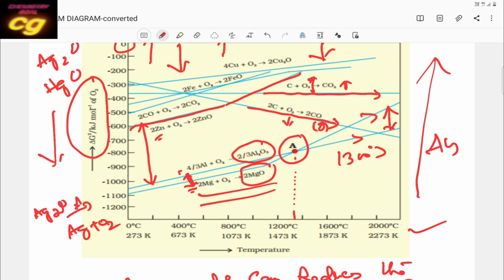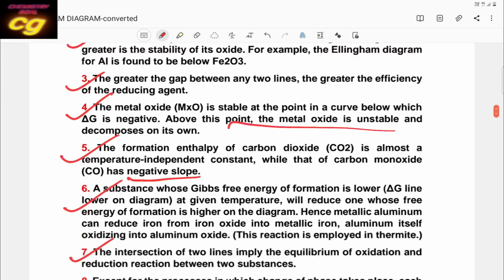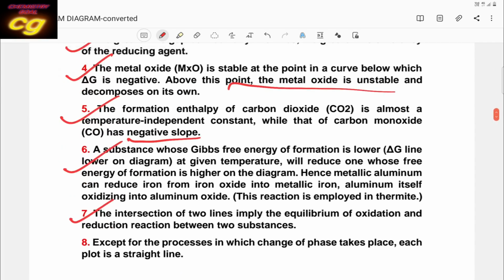When the slope changes, it indicates the change in the physical state of the system. So this is very important. Okay, so these are some important features of the graph.